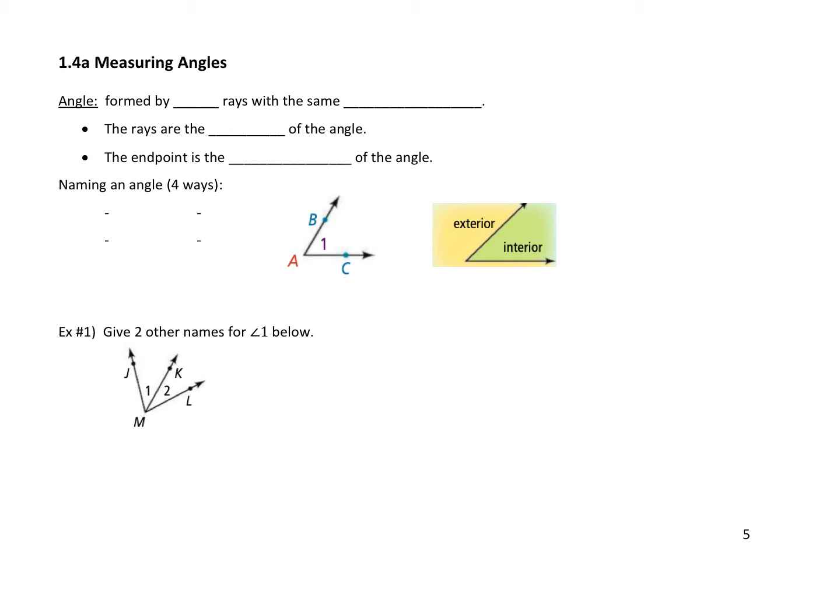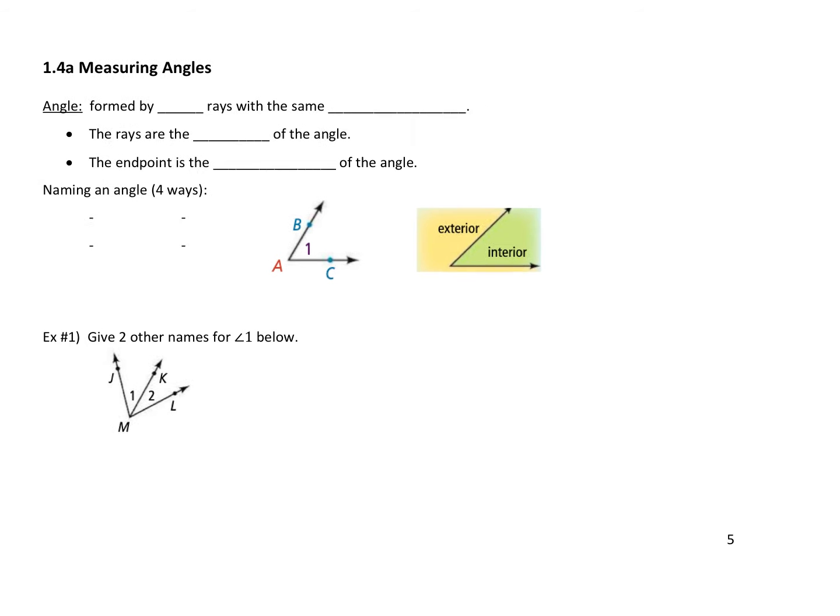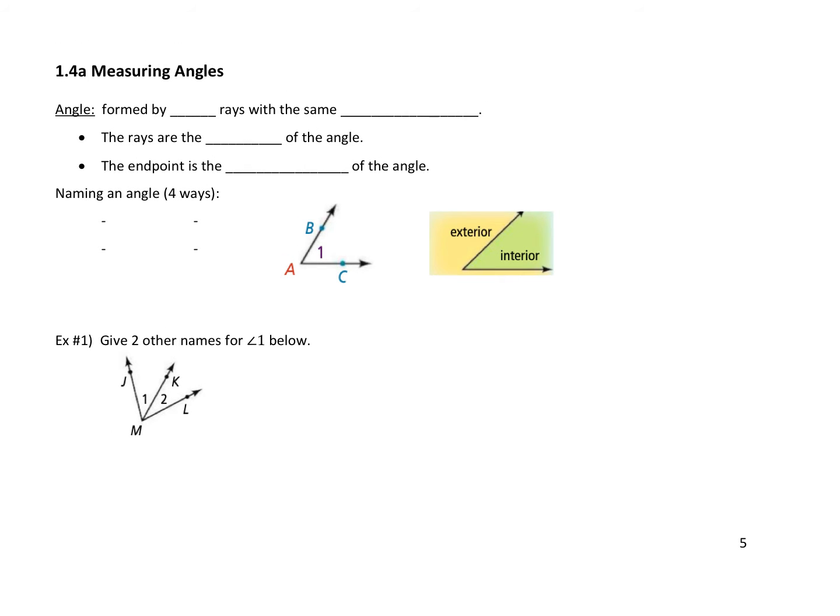Here's what you need to know. An angle is really just taking two rays that have the same end point. Okay, so a ray here, for instance, and another ray here, and I just formed an angle.